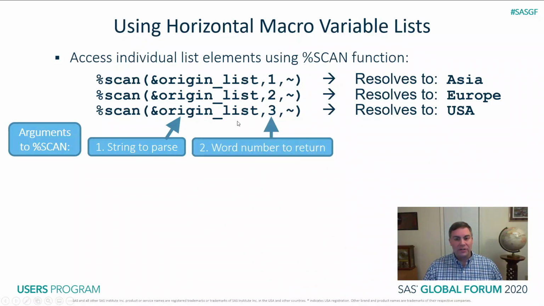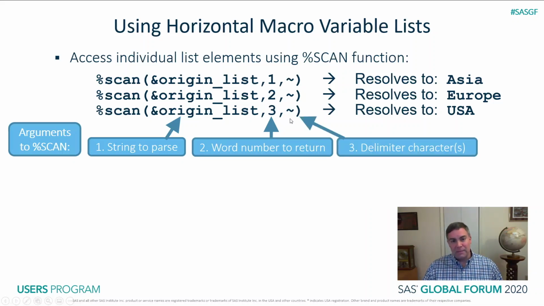The second argument to %scan is the number of the word that you wish to return. Do you want the first word, the second word, etc.? And then the third argument is the delimiter that it's supposed to use. So obviously this is going to need to match the delimiter that you used when you built the horizontal macro variable list in the first place. So, for example, if I call %scan ampersand origin list, comma 1, I want the first word, comma tilde, the first word when you use tildes to define words, well, origin list has Asia, tilde, Europe, tilde, USA.